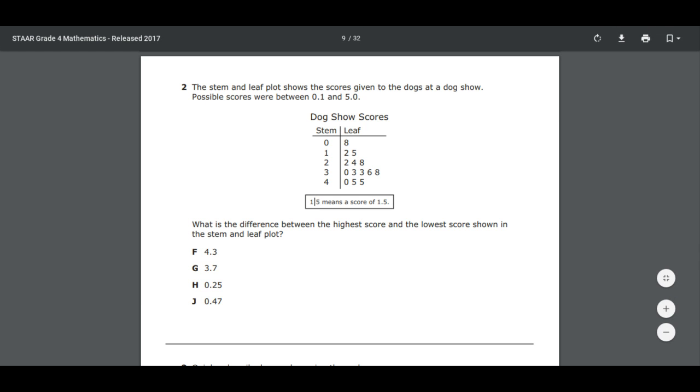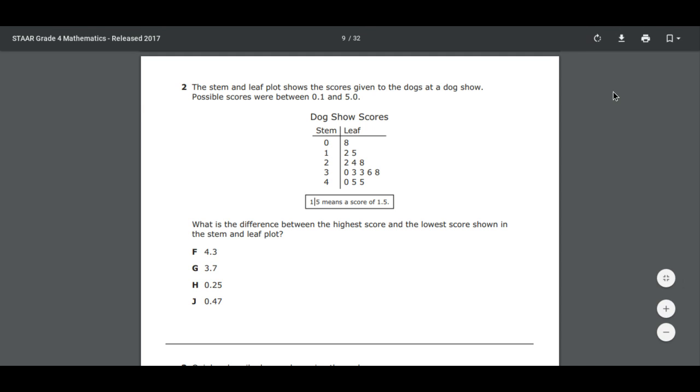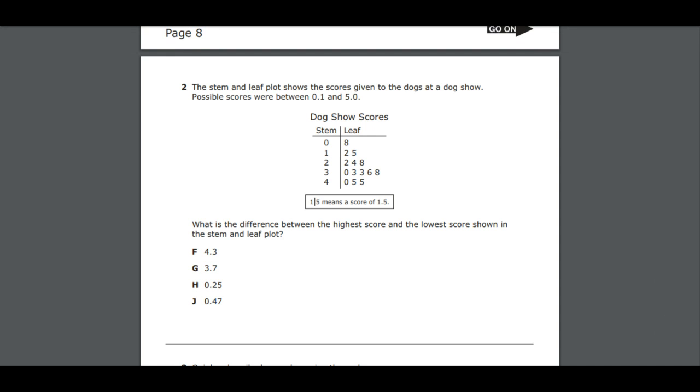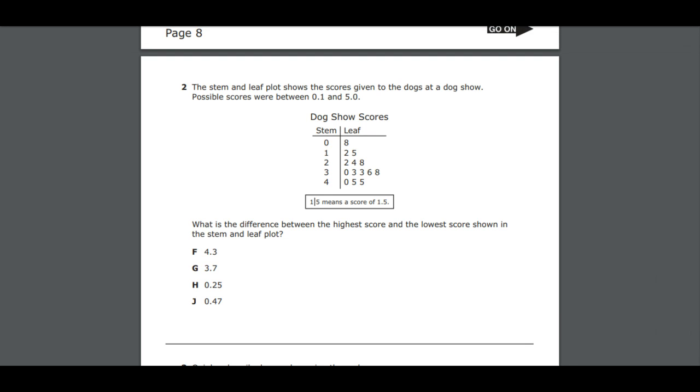What is the difference between the highest score and the lowest score shown in the stem and leaf plot? F, 4.3, G, 3.7, H, 0.25, J, 0.47.